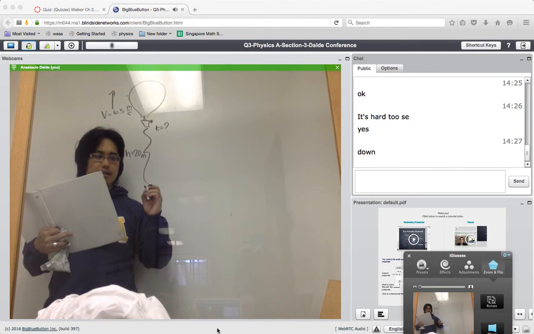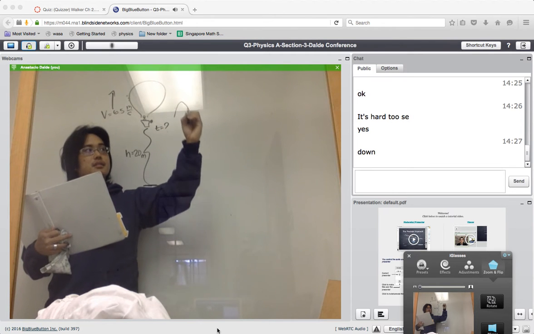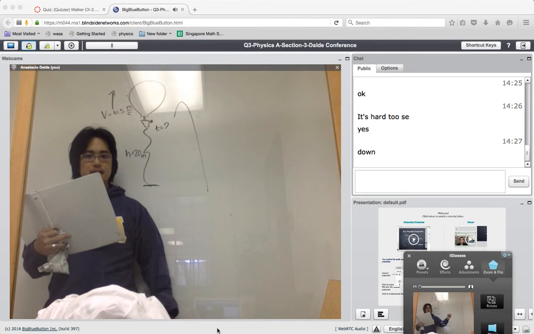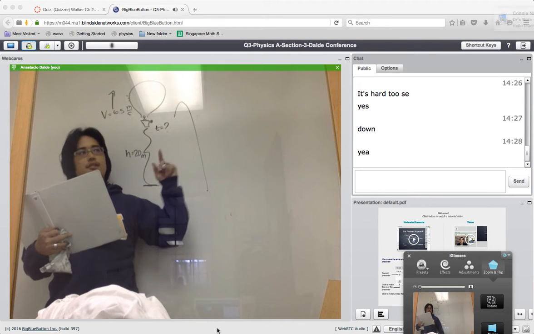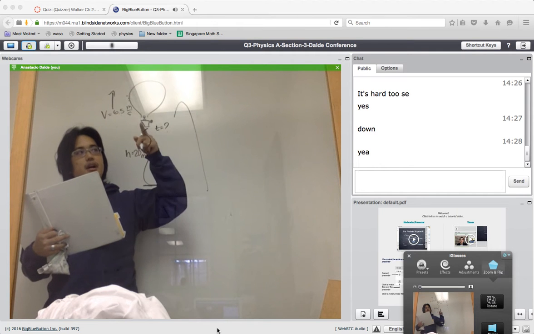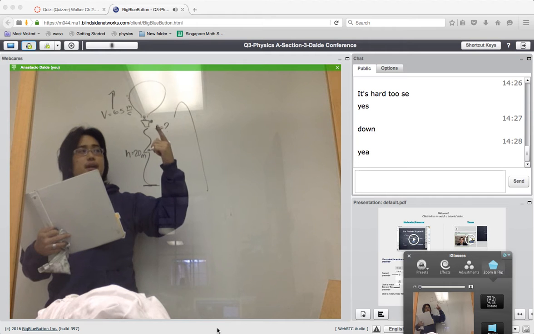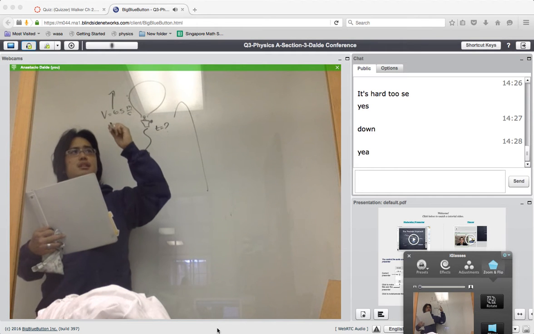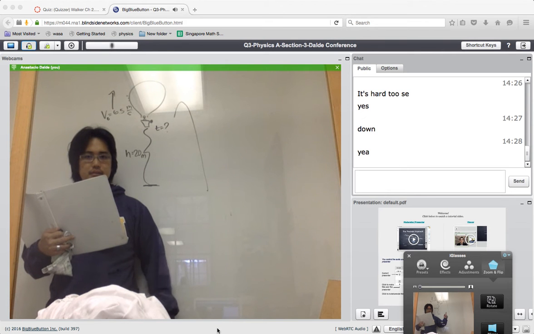But if you were on the ground, you would see the sandbag kind of go like this. Does that make sense? Because the velocity of the hot air balloon is 6.5 meters per second up, so the velocity of the bag when it's first released is actually 6.5 meters per second up.